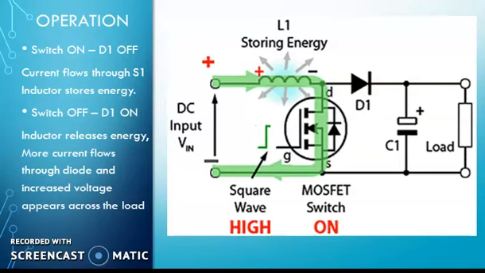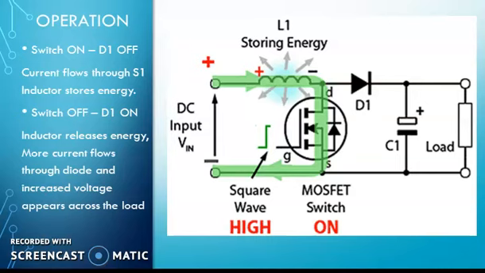When the switch is off, when the square wave goes low, the D1 is on, as the inductor reverses its polarity when it releases its energy. At that time the diode is on.